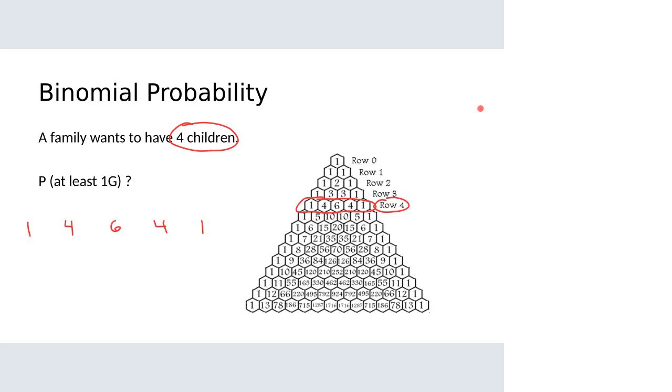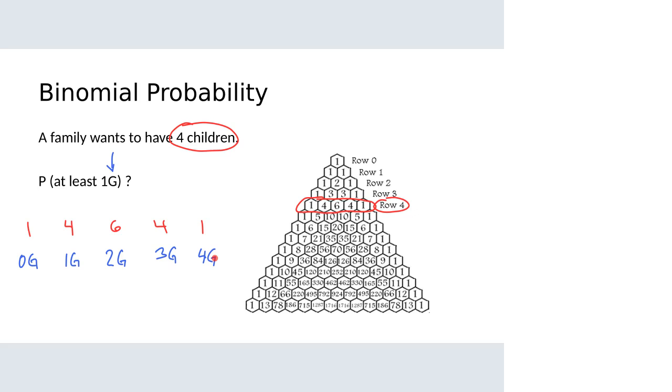And now we're going to label those with the number of girls they're going to have because that's what our question's about. What this row tells us is the number of ways for them to get no girls, 1 girl, 2 girls, 3 girls, 4 girls.